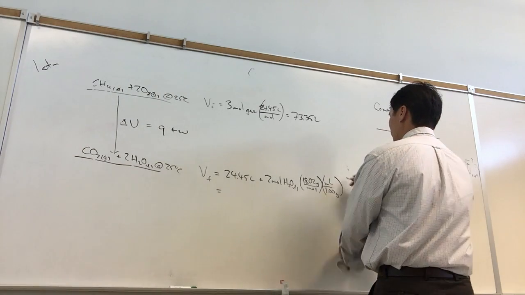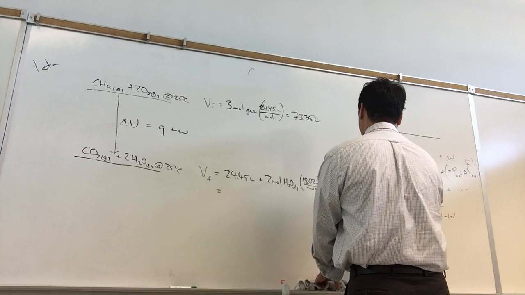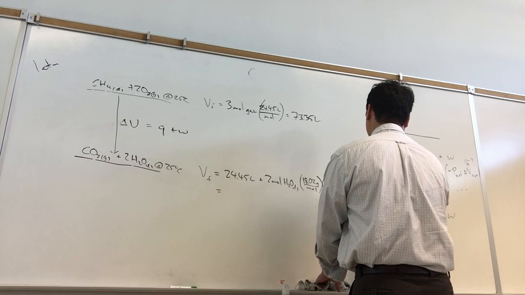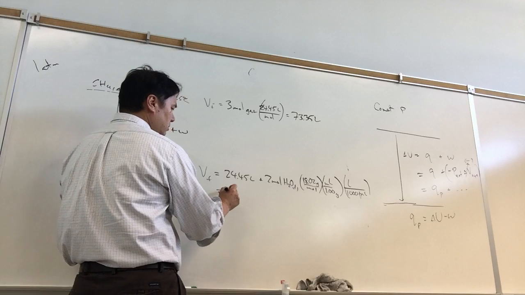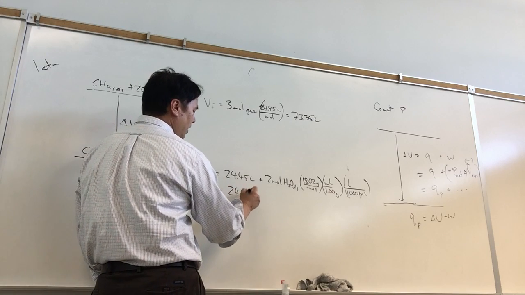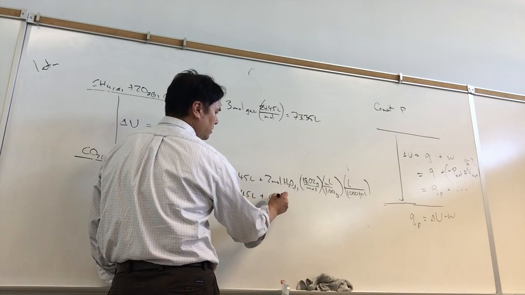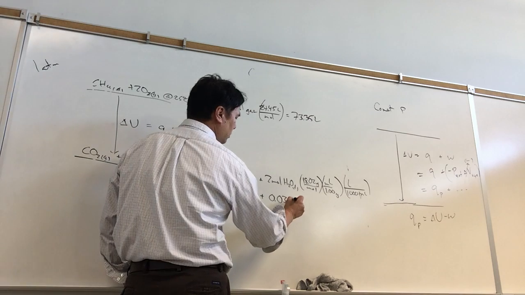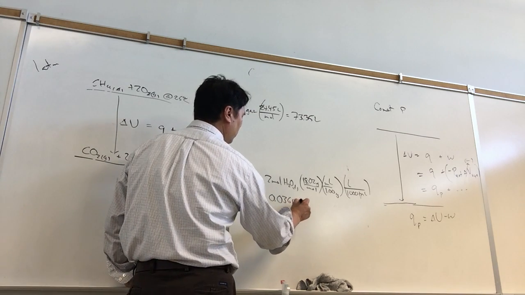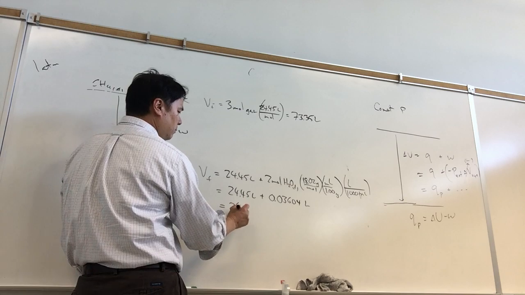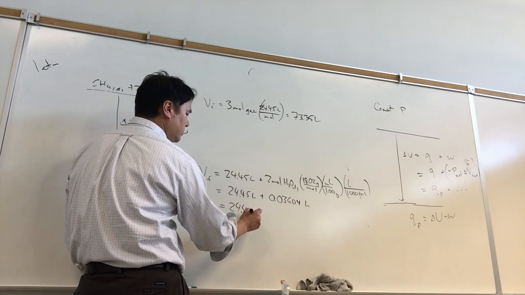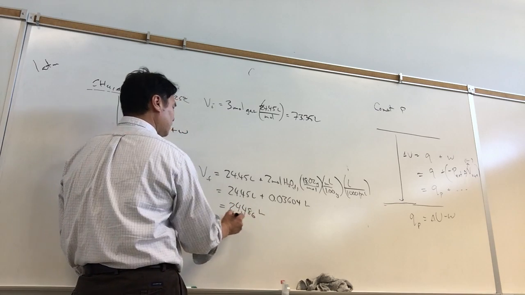A liter is 1,000 milliliters. That works out. So liters and liters. And so this is going to be 24.45 liters plus 0.03604 liters, which is going to give us 24.486 liters.